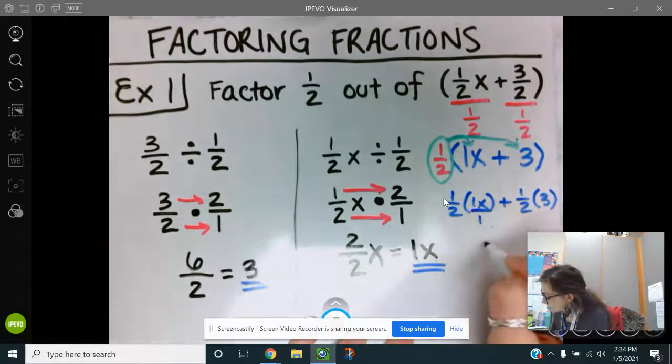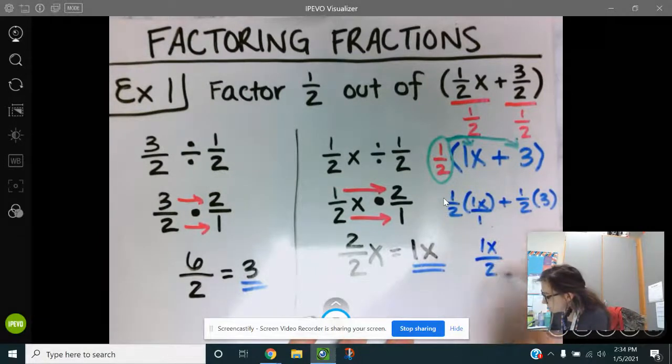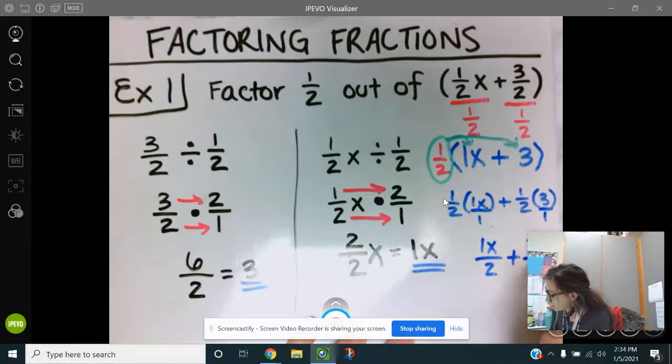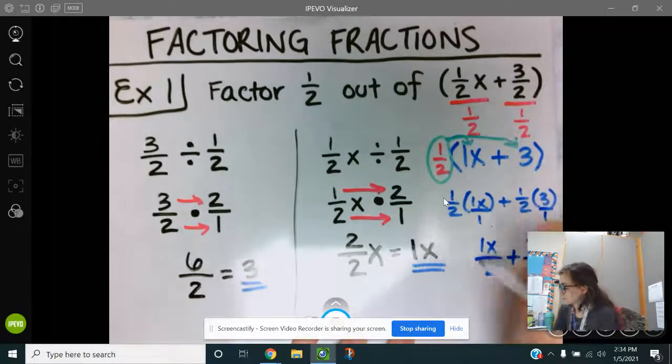So we're going to have 1x over 2 plus 1/2 times 3. This is 1/2 times 3 over 1, which is going to give us 3 over 2.